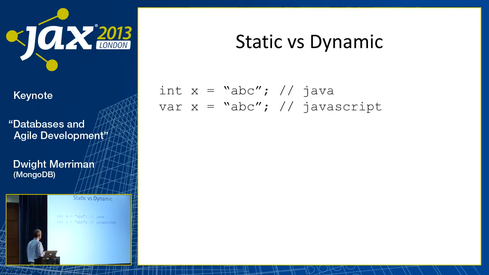But I wanted to make an analogy with databases. Databases historically are statically typed. You have a schema, and you say this table has these fields, and this field is this type, and maybe it has a unique constraint on it, or it's this many digits or whatever. There's some analogy there with statically typed languages.